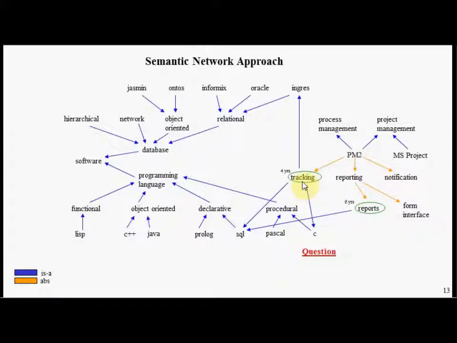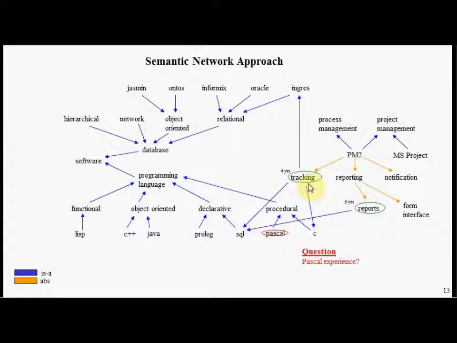We have a person that worked on this tracking subsystem for 4 years and this report subsystem for 6 years. And the particular job in question is the following. We want to know which of these candidates is better suited to write Pascal code. And what we've done with this application graph is we've overlaid it with this semantic network, this ontology that categorizes the various subsystems.